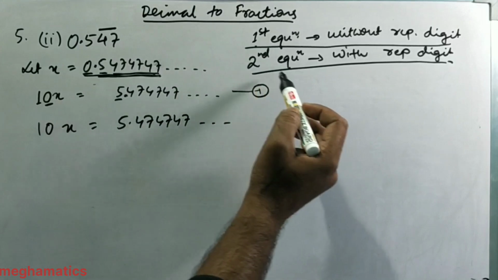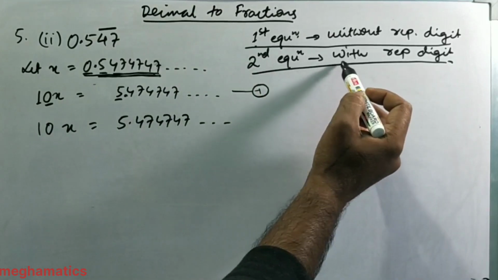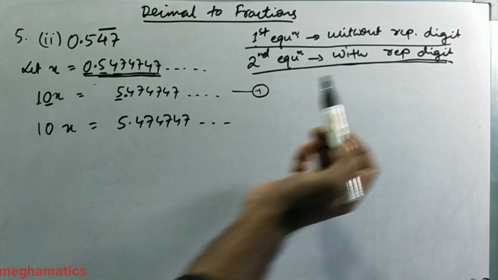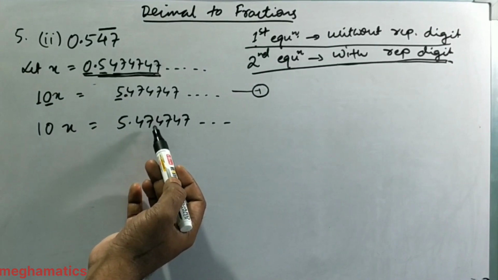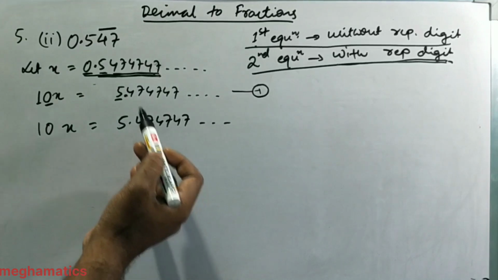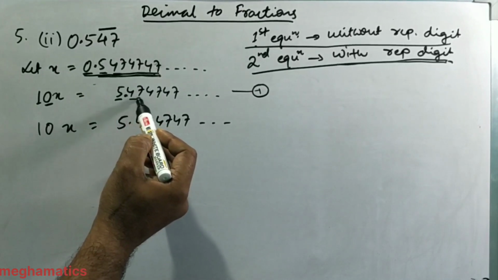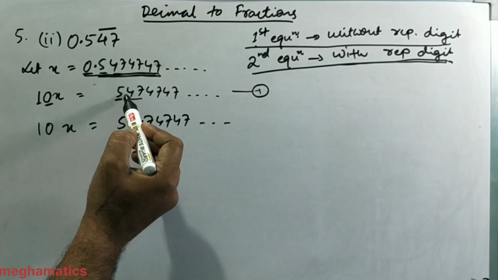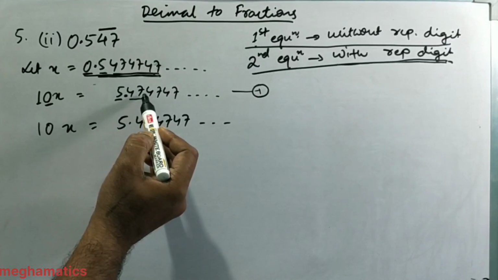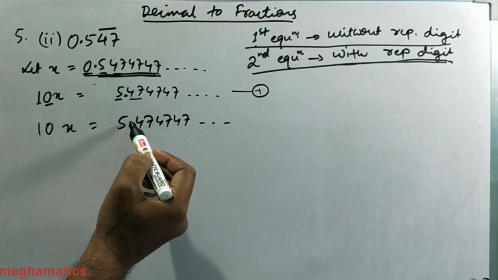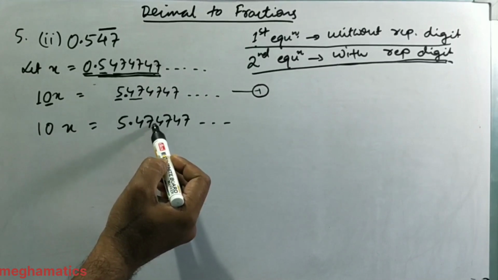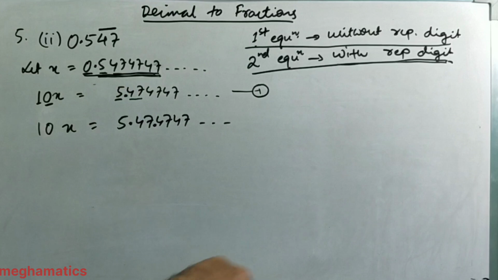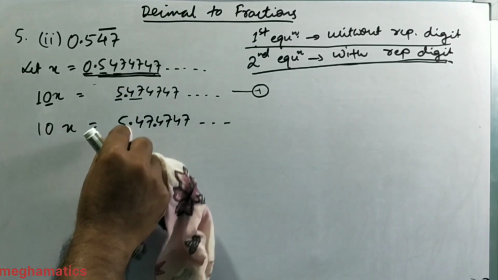Now in the second condition we have with repeating digits. That means the repeating digits will come before the point. Here two digits are repeating, 47 is repeating, so the point will move 2 digits towards the right. So the point will be here, and we need to remove that point.